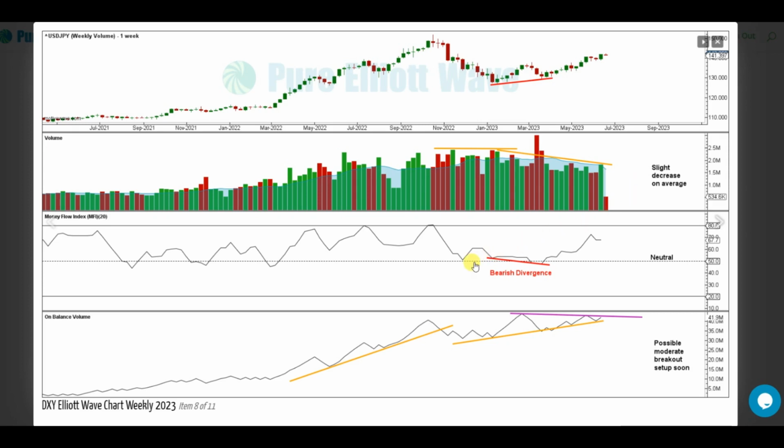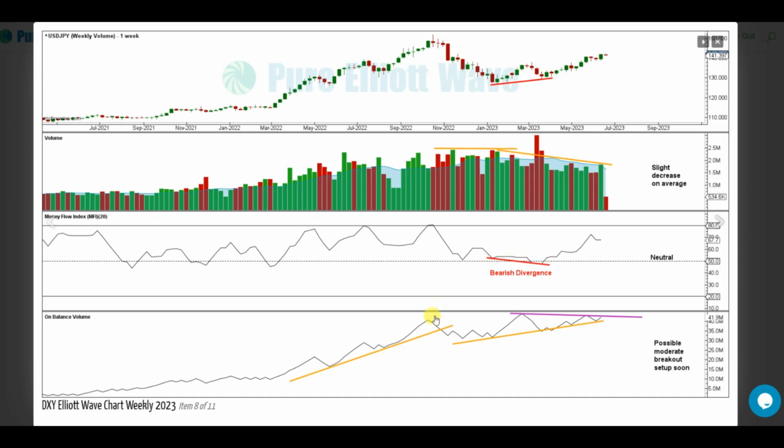We also had some bearish divergence between money flow and price, where price made a higher low, but money flow made a lower low. So that is bearish and potentially shows us that this move upward may not be sustained for the long term.